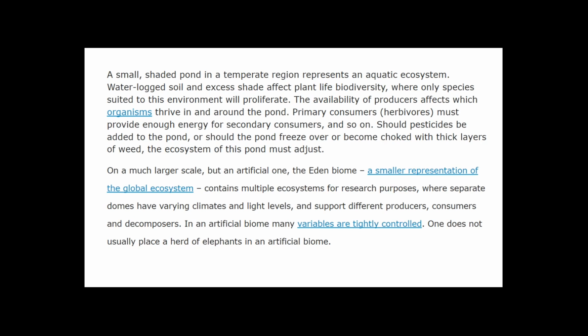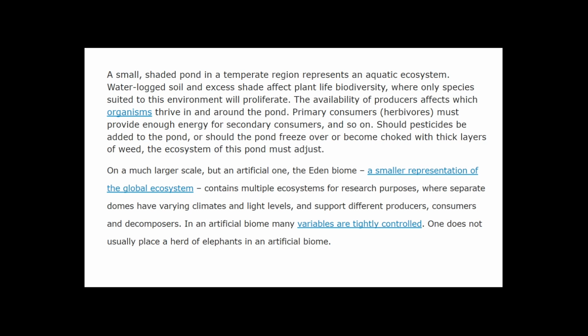A small shaded pond in a temperate region represents an aquatic ecosystem. Waterlogged soils and excess shade affect plant life biodiversity, where only species suited to the environment will proliferate, and the availability of producers affects which organisms thrive in and around the pond.